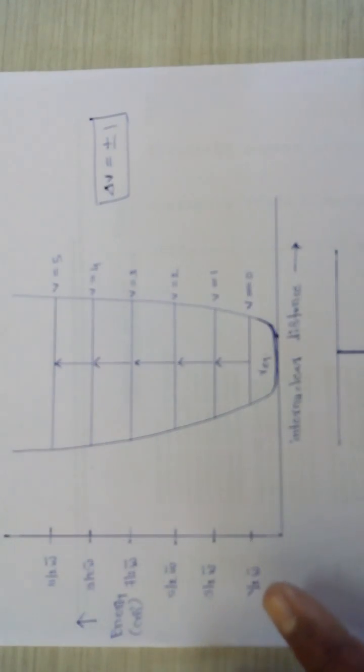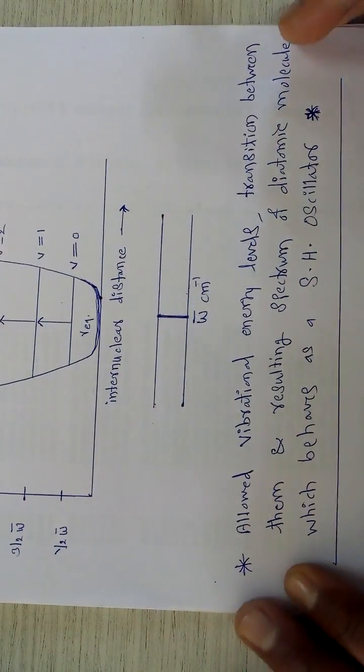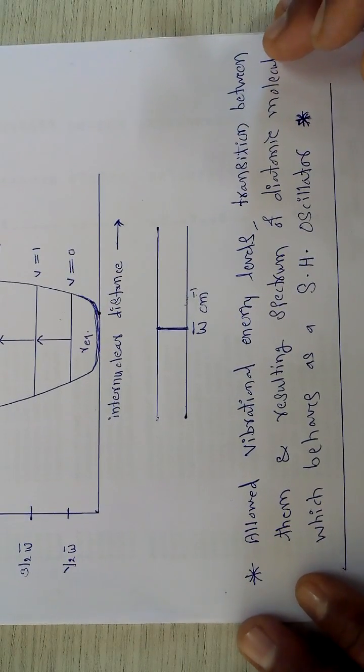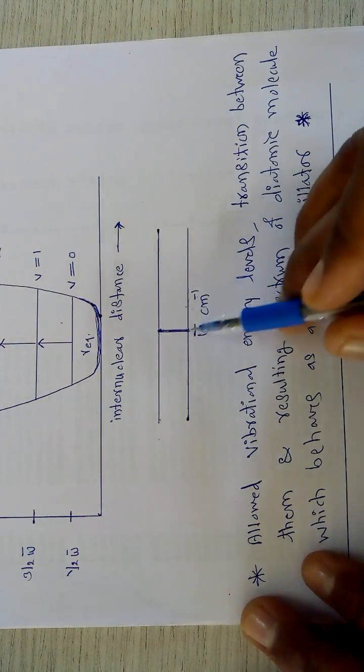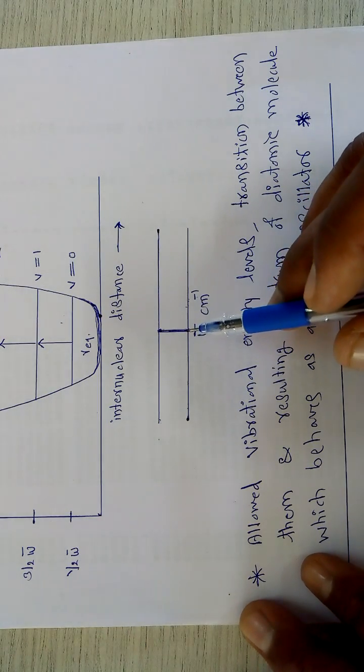And the next important part is, if we consider all these things together, what is the respective spectrum for this molecule? So the spectrum for this type of diatomic molecule is like this. This type of spectrum is obtained with some absorption lines.